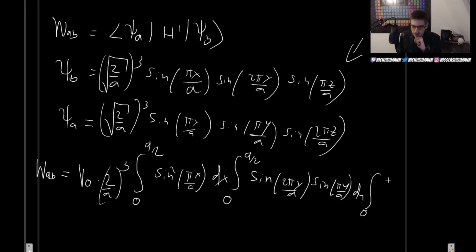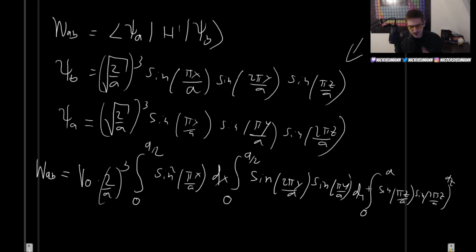And the integral from 0 to a of sine of pi z over a times sine of 2 pi z over a dz. Okay, not super neat, but there it is.